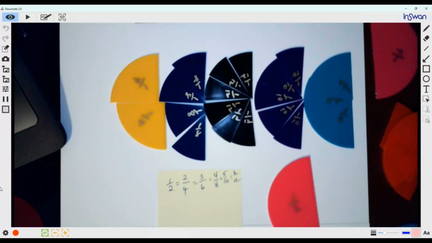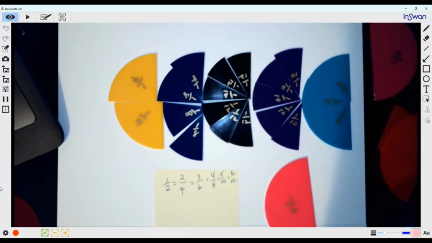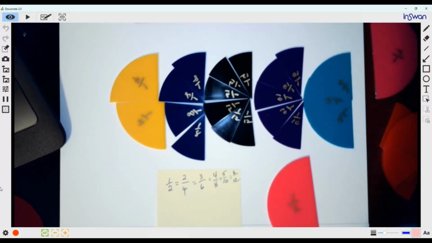Okay? Is that making sense? I want to make sure before we go on that that is making sense. And that you're making that visual connection.